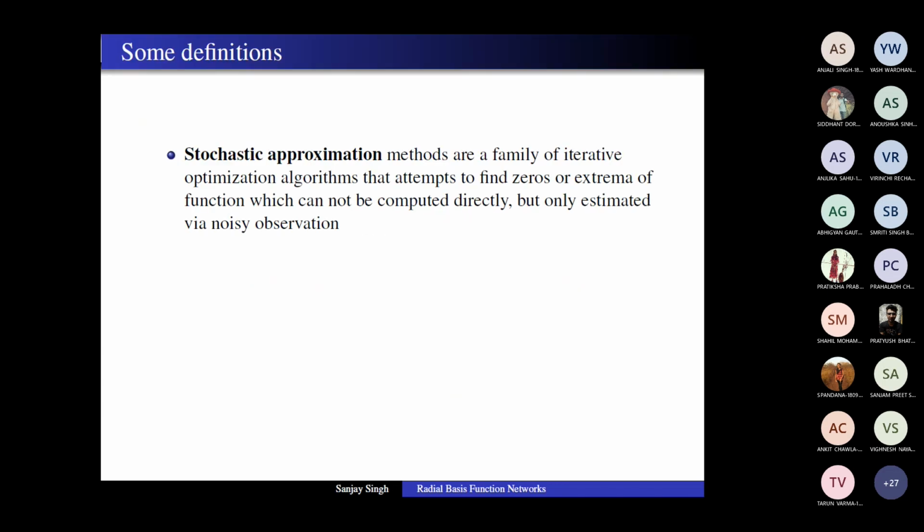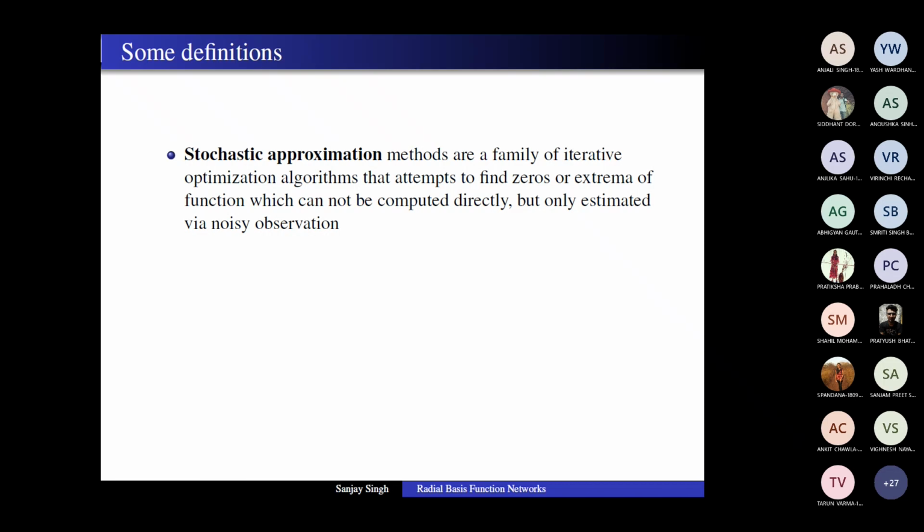Before we jump to the other parts, to understand the nitty-gritty of this topic we need to understand two definitions. When I said MLP, the training or learning of the function or model uses a concept called stochastic approximation. So what is this stochastic approximation?